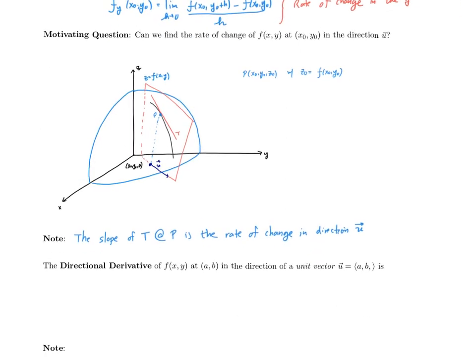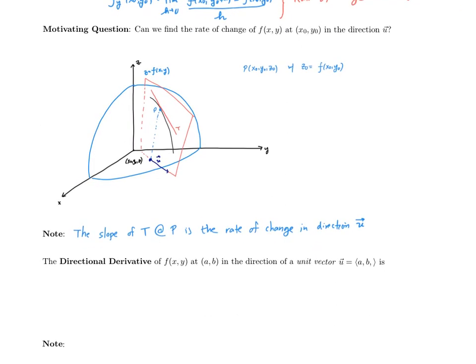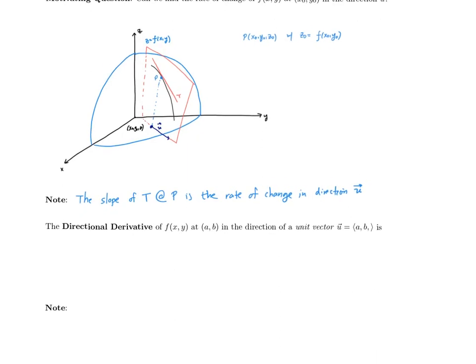So symbolically, if we were to take this one step further, the directional derivative of f at a point a, b in the direction, and note this is key, a unit vector u is defined as follows. So the directional derivative of the function f at the point x0, y0 in the direction of a unit vector u. So it's a mouthful to get it all out, but compactly we have the following notation. And this is defined similar to a partial with respect to x or y.